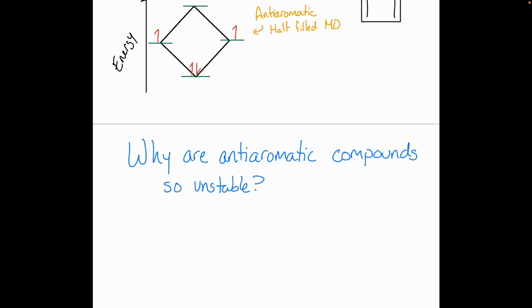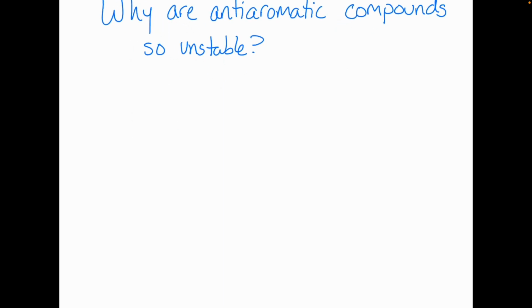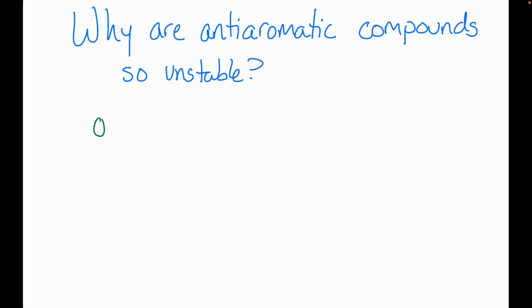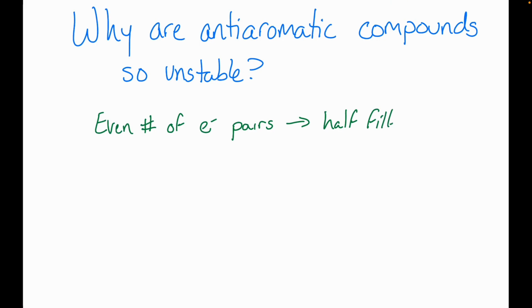All right, well, let's just lay out some of the facts that we have here. This even number of electron pairs results in these half-filled molecular orbitals.